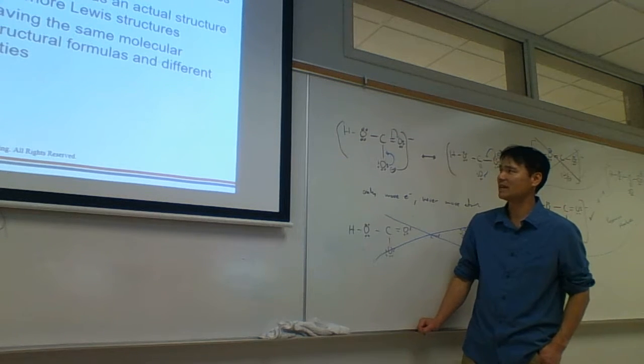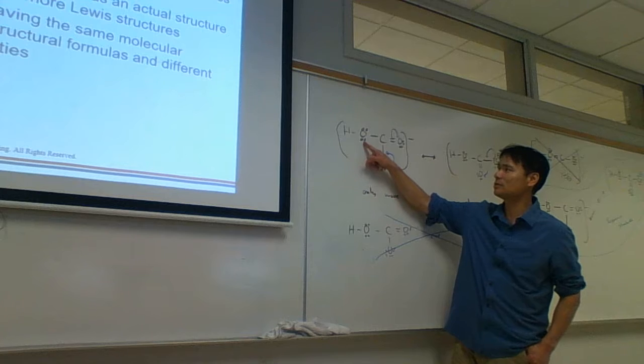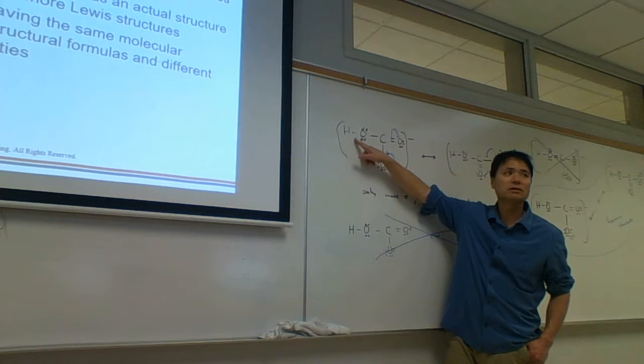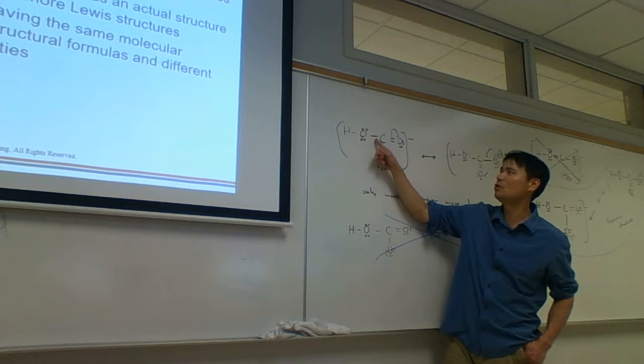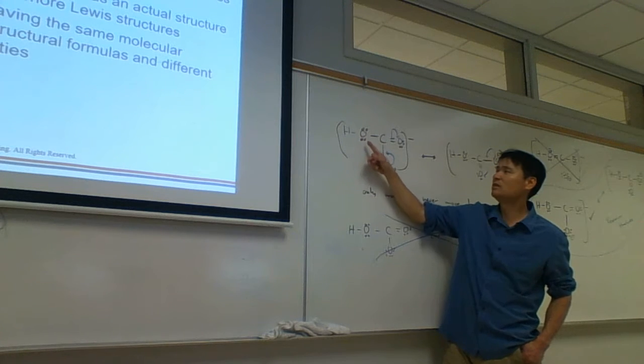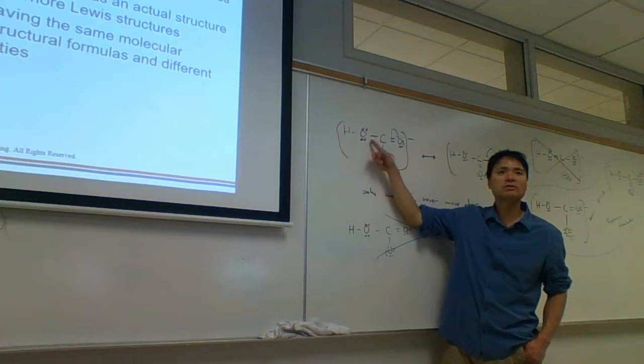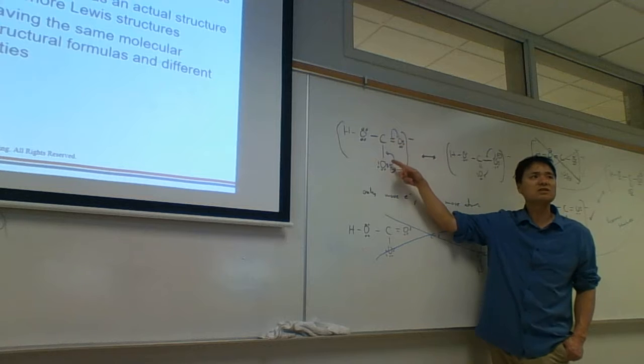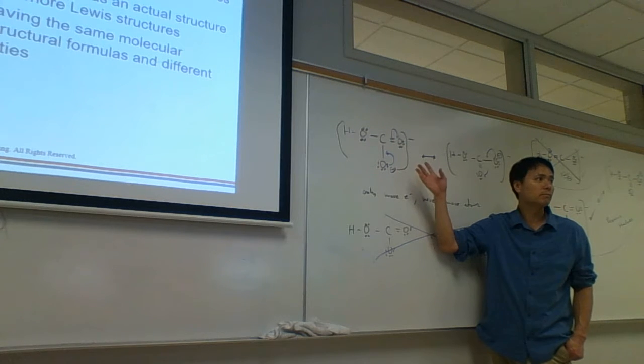Localization of electrons means they can't move. So for example, can I reposition this lone pair? I want to take this lone pair and make a double bond to the hydrogen. Is that acceptable? No. Or let's make this single bond into a no bond and then just give it to the oxygen. Is that acceptable? No. So these electrons here, I cannot move. There's no way to move these electrons, so these are called localized electrons. However, these are called delocalized electrons because there is a way to move them.